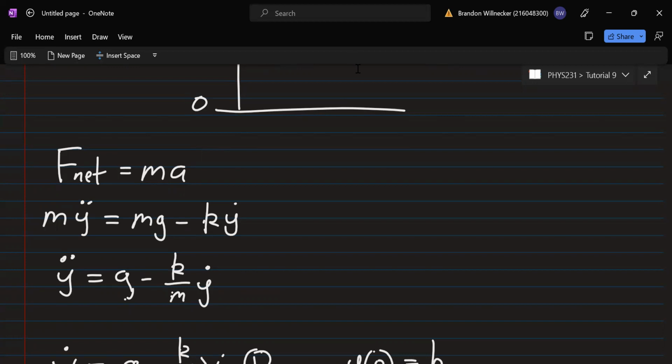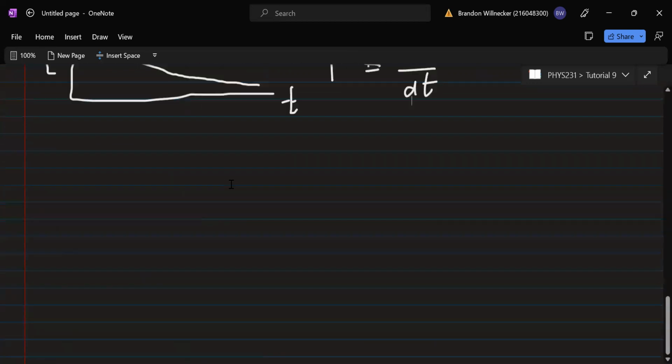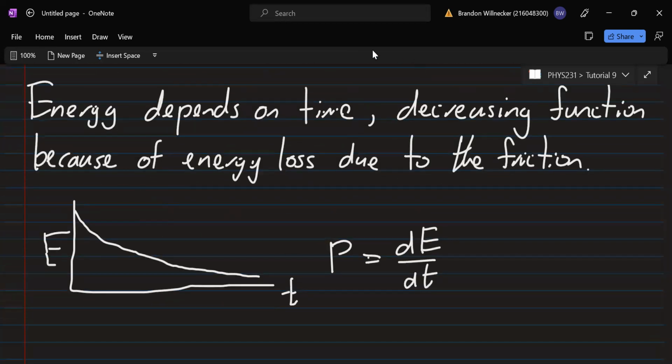So we can solve this equation using these initial conditions, and then from that, we got ourselves the theoretical solution. Okay, and then you can compare the two. So once you have the theoretical, you can check, is the energy loss linear or exponential? You can just look at the equations and see what that is.